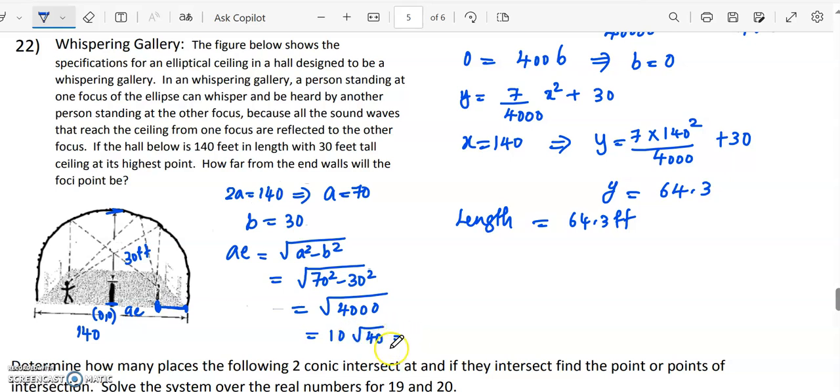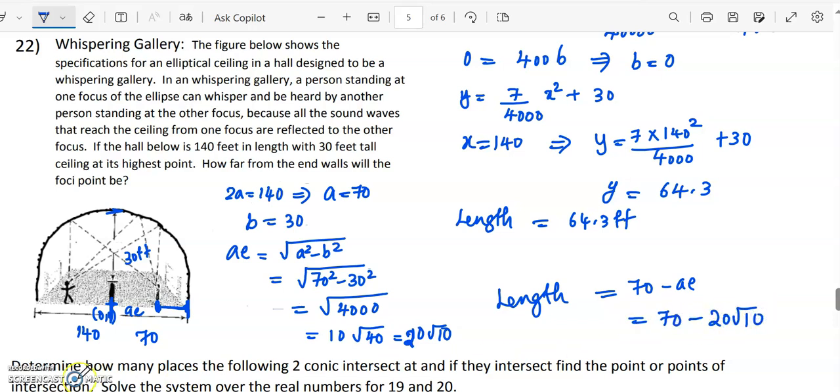We can take a 4 outside from the square root, so we will get 20 root 10. So the length AE will be 20 root 10, and the total length from this point to this point will be 70. So the length we need will be 70 minus AE. So that will be 70 minus 20 root 10, and that will be the required length.